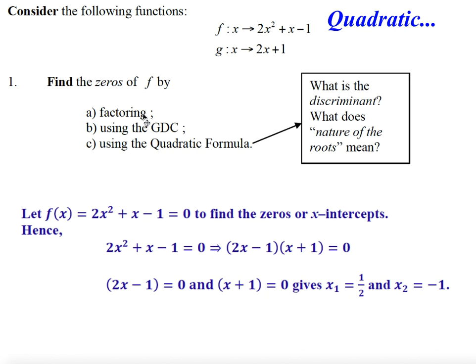Let's do it first by factoring, then we'll do it on the next slide using the quadratic formula, and then we'll exploit the GDC after we nail down those two features, which are parts A and part C, more sort of paper 1 non-GDC approach. And we'll mention briefly what this discriminant might mean relative to the part that's under the square root symbol in the quadratic formula.